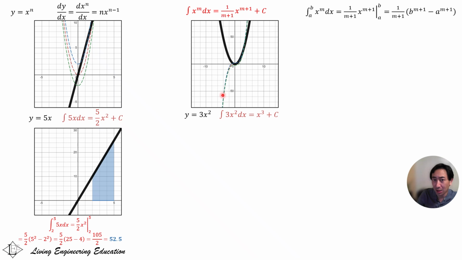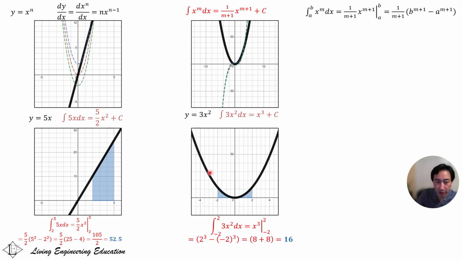Then we can look at a definite integral. Right? So here again we have our function 3x squared, and the definite integral component of this is the shaded area under the curve here from -2 to +2, and it gives us +16 by applying the upper and lower limits. And we'll see that depending on whether the function stays above or below the x-axis, we will have either positive or negative areas.